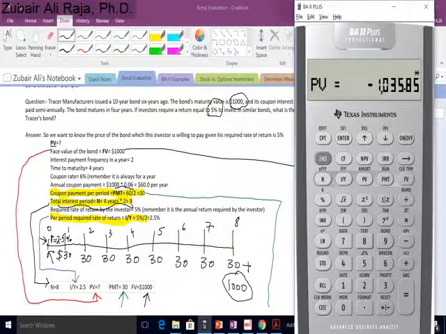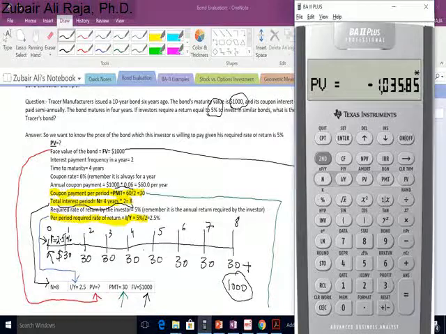So this existing bond is giving more interest, $30, compared to the new comparable bonds in the economy, which will give $25 after each 6-month period.